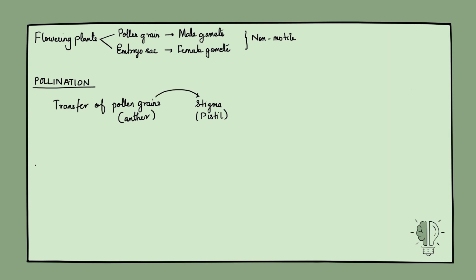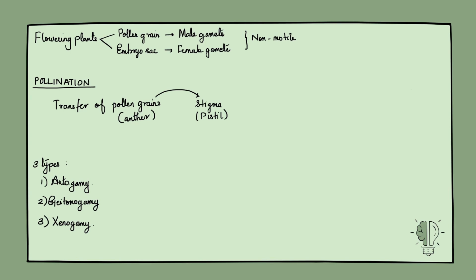Now, based on the source of pollen, there are 3 types of pollination, and these are autogamy, geitonogamy, and xenogamy. The 3 types of pollination are autogamy, geitonogamy, and xenogamy.